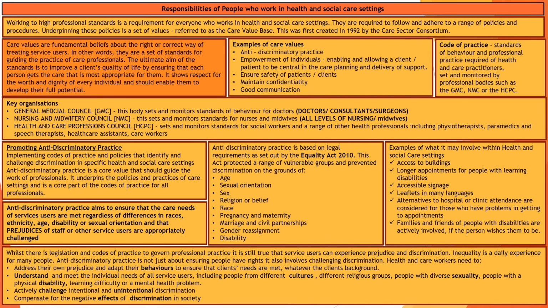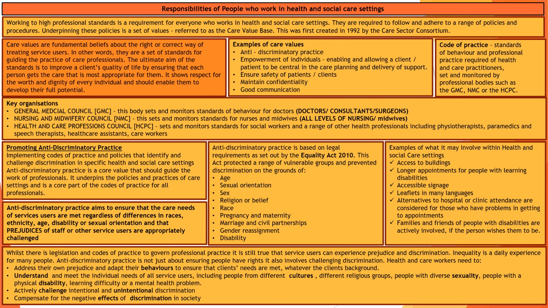The key aim of all this is to make sure that professional practice is free from prejudice and discrimination, but also encourages practitioners to challenge discrimination when they see it. And the key thing here is that professionals need to address their own potential prejudices. They need to understand different cultures, the diversity of society.